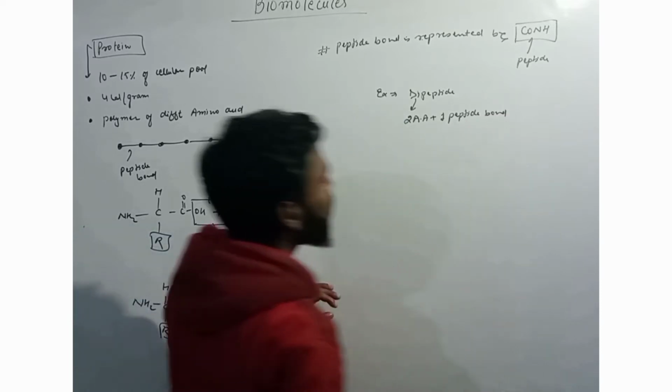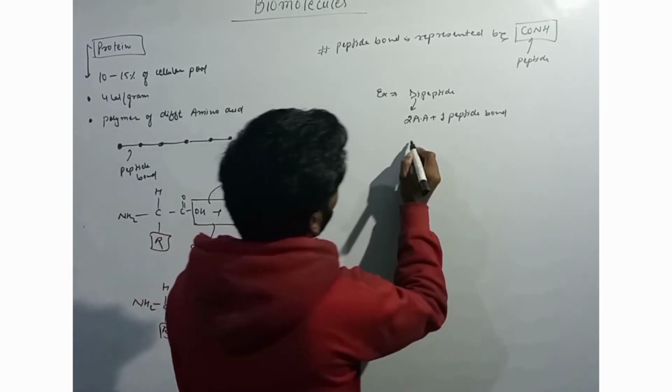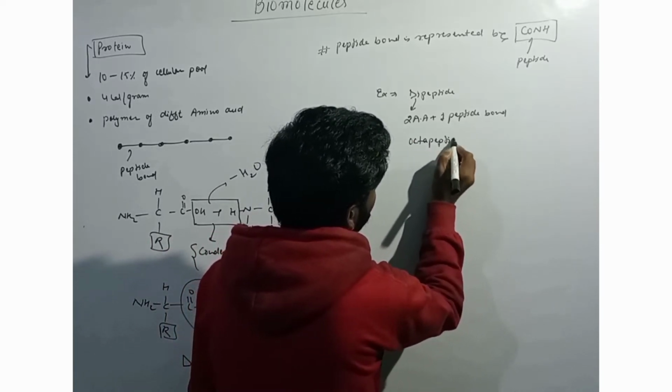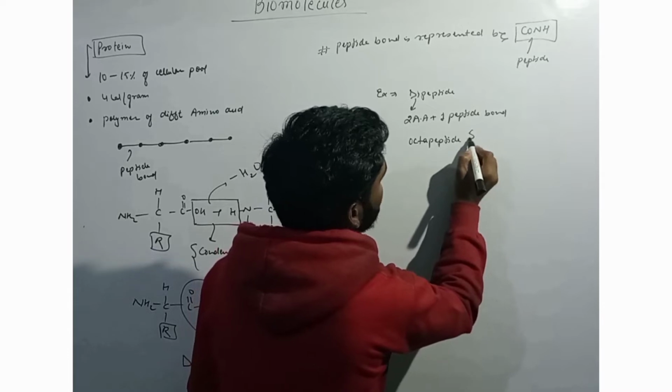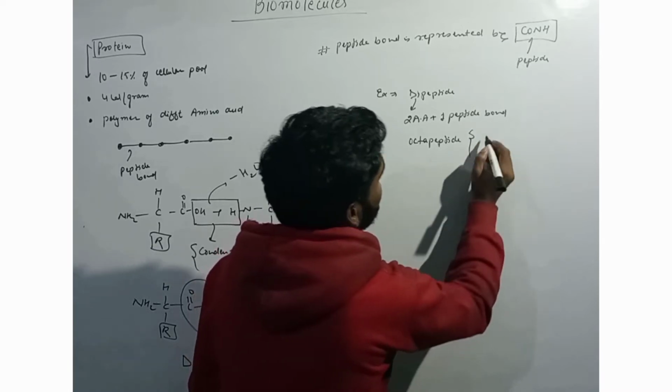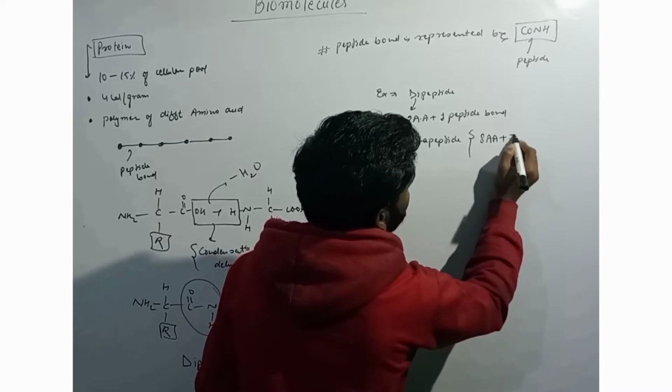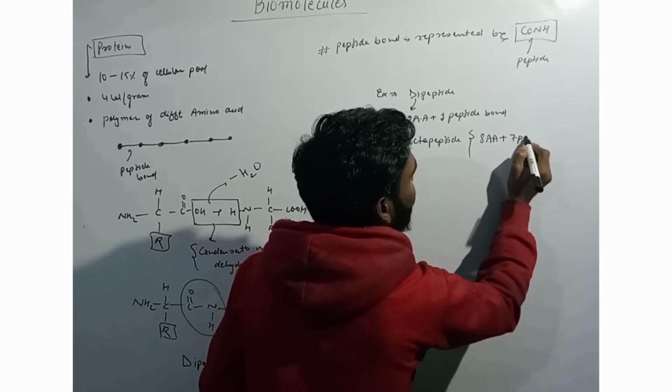Please do remember, in the same fashion, when talking about an octapeptide, octa means it contains 8 amino acids plus 7 peptide bonds.